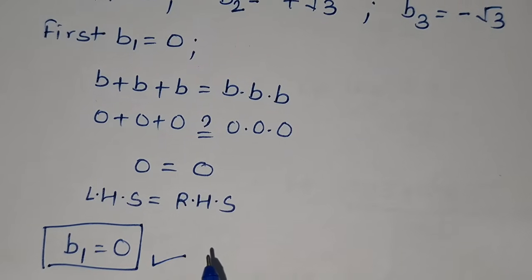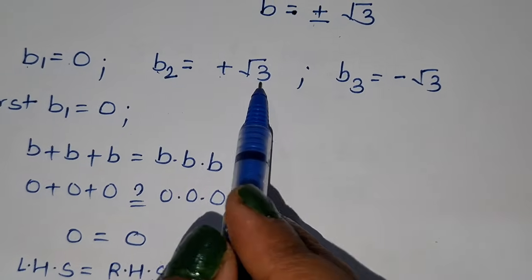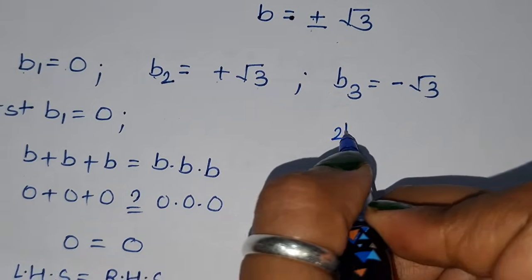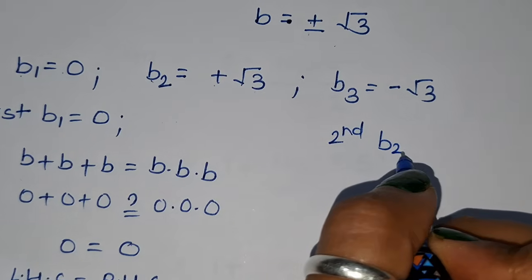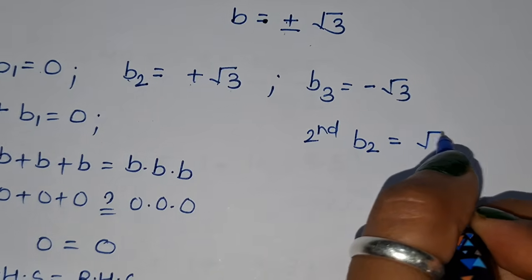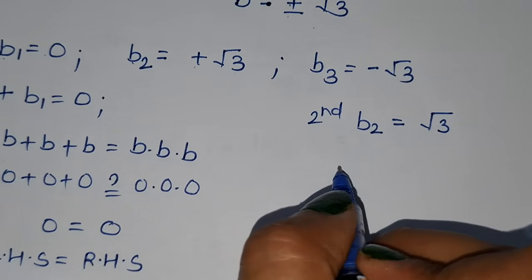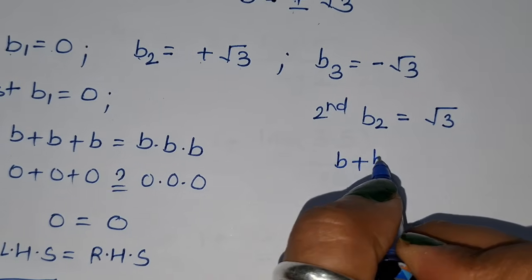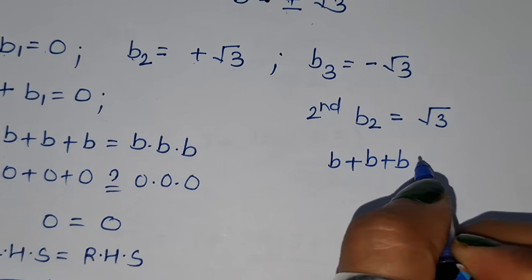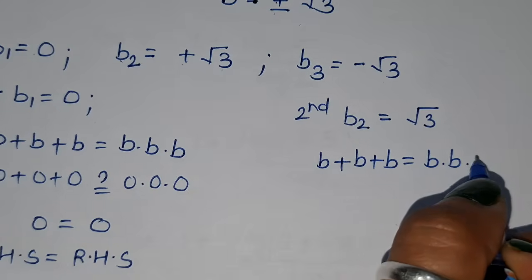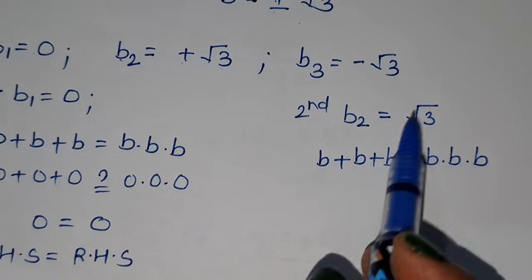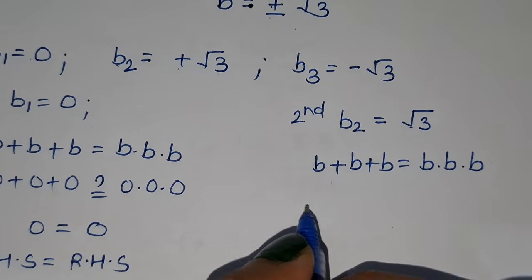Right, now we are taking the next one, b2, which is equal to plus square root of 3. The question is b plus b plus b is equal to b times b times b. Now we substitute this value here.